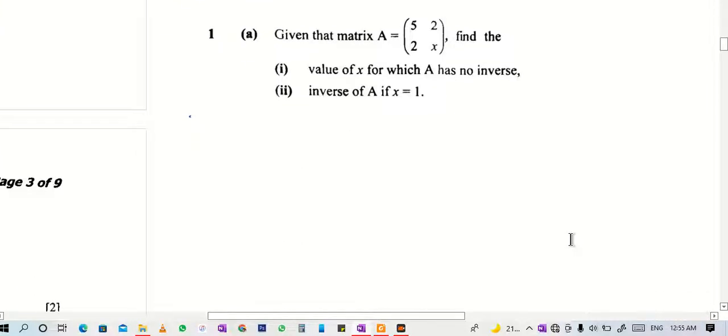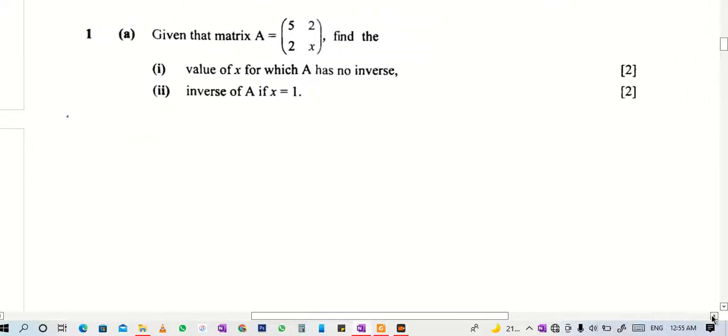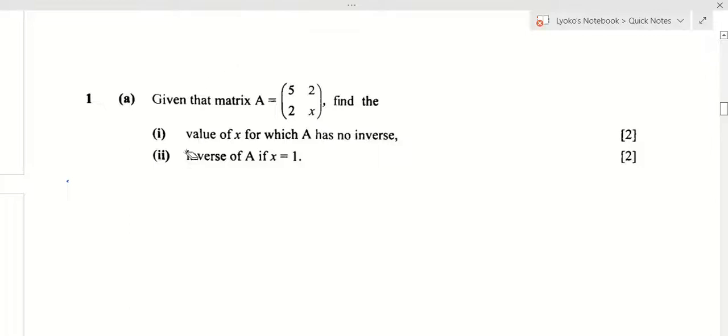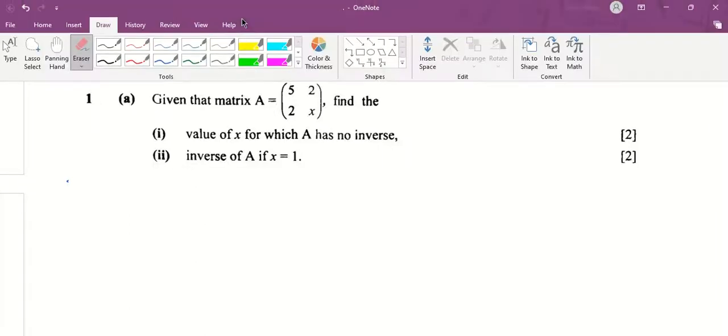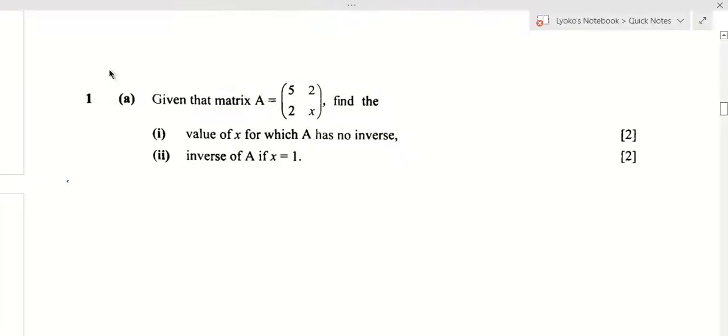Okay, so question 1, how do you tackle question A? The value of x for which A has no inverse.